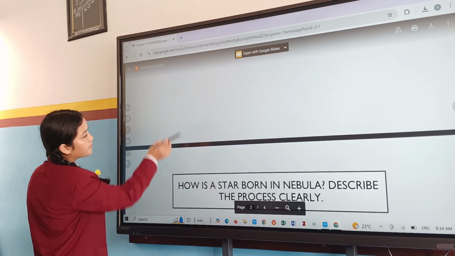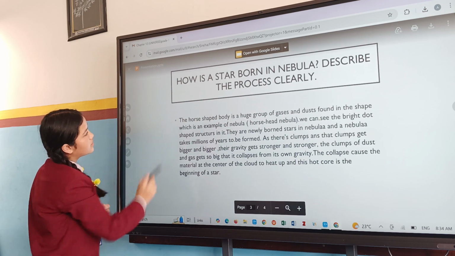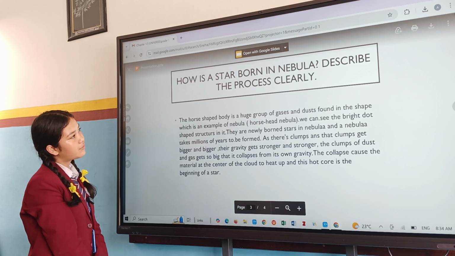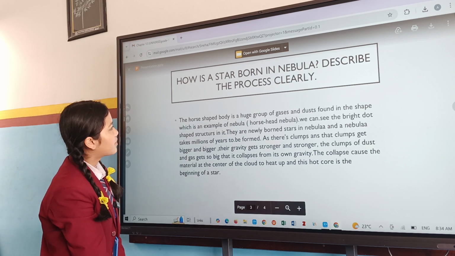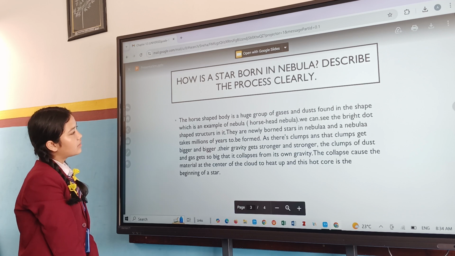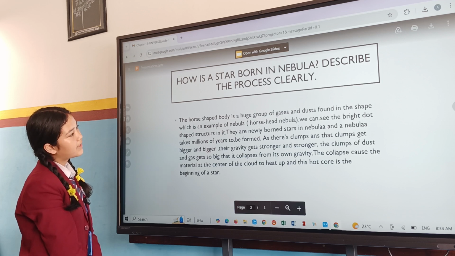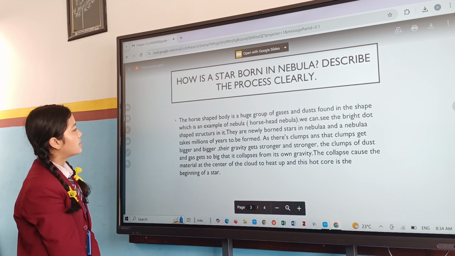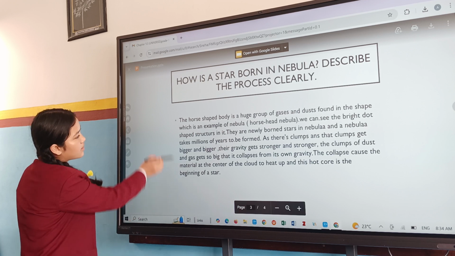Star nursery. And my next question is, how is a star born in a nebula? Describe the process clearly. The horsehead-shaped body is a huge group of gases and dust, which is an example of a nebula.